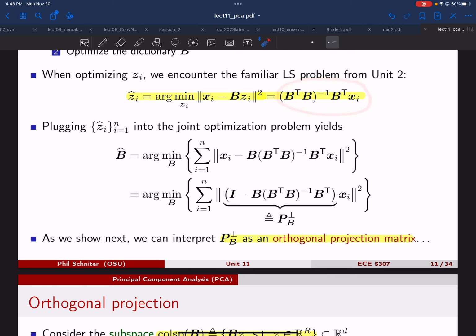So this is the z hat. Now if I want to know what B times z hat is, that will be B times (B transpose B) inverse times B transpose x. This thing, B (B transpose B) inverse B transpose x, is the closest point in the plane. That is this.